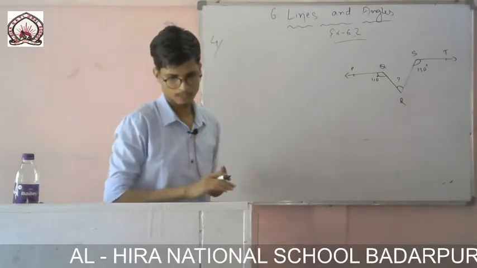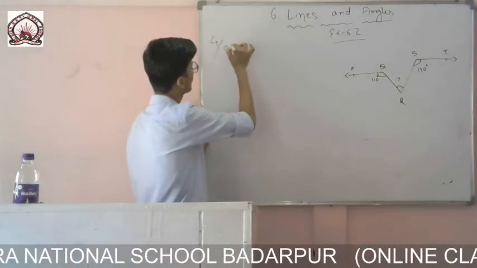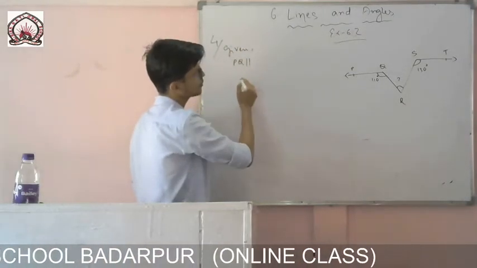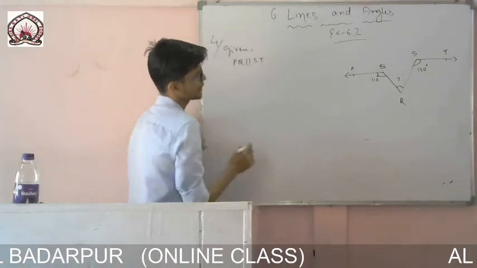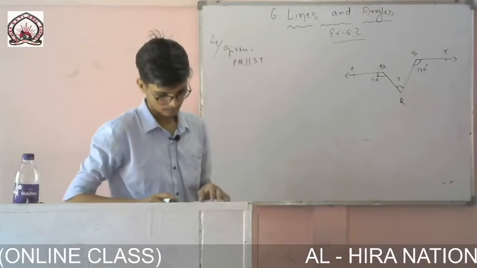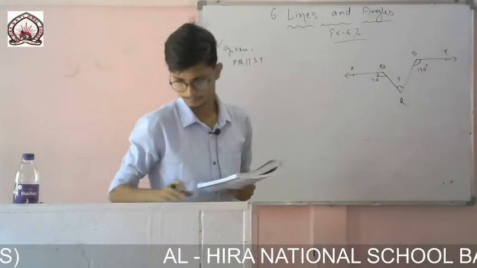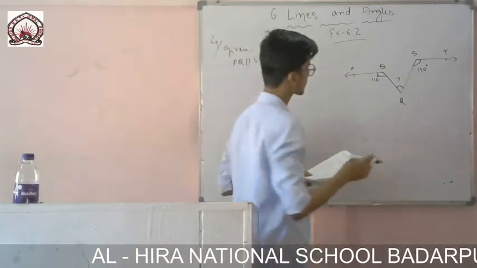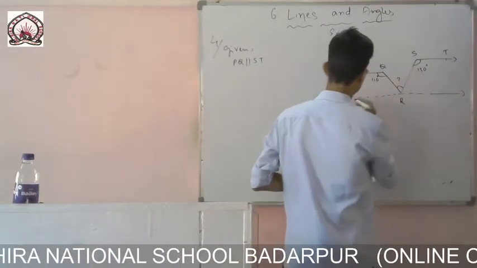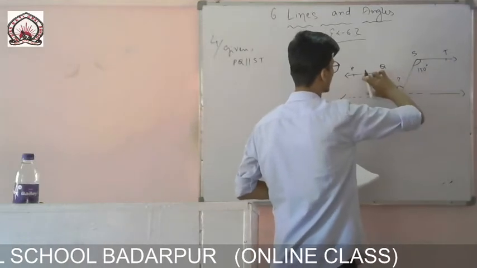Okay, so first of all let me write what is given, and you have to do a small construction also. Given PQ is parallel to ST. Okay. Let me draw a parallel line. This will be parallel to this line also, and it will be parallel to this line also.